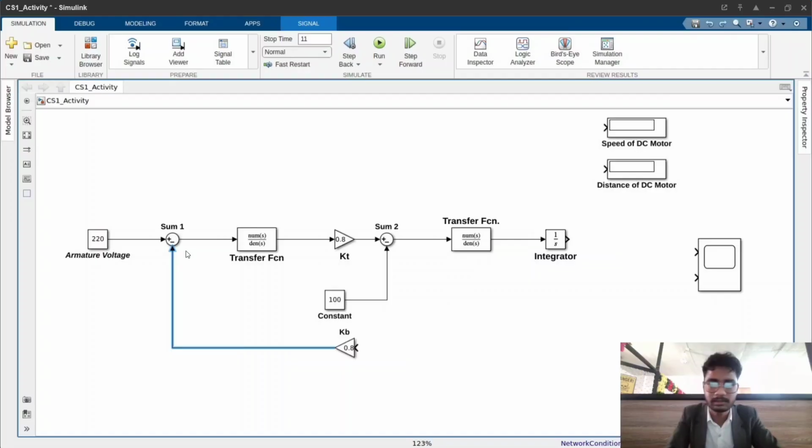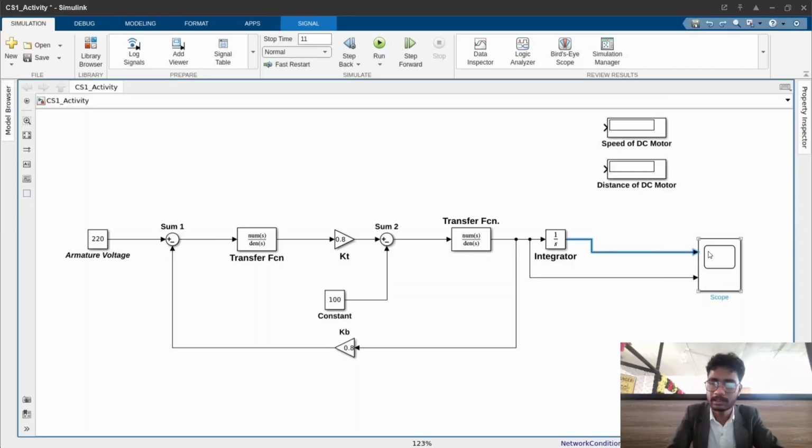Now this is the gain KB and this is the feedback path from KB to summation block 1. This is the first output, which is given to the scope: the integrator's output, then display 1 and display 2. Display 1 shows the DC motor speed, and the second one is the distance of the DC motor.